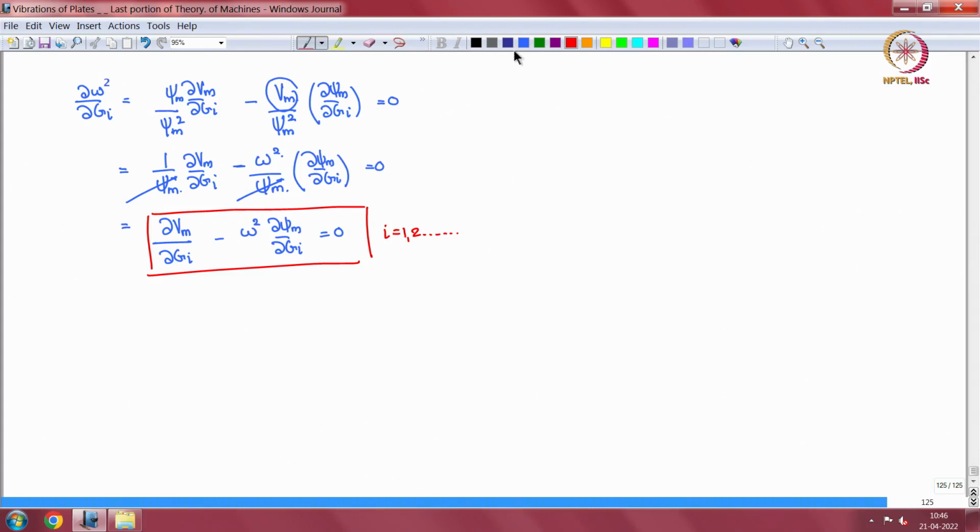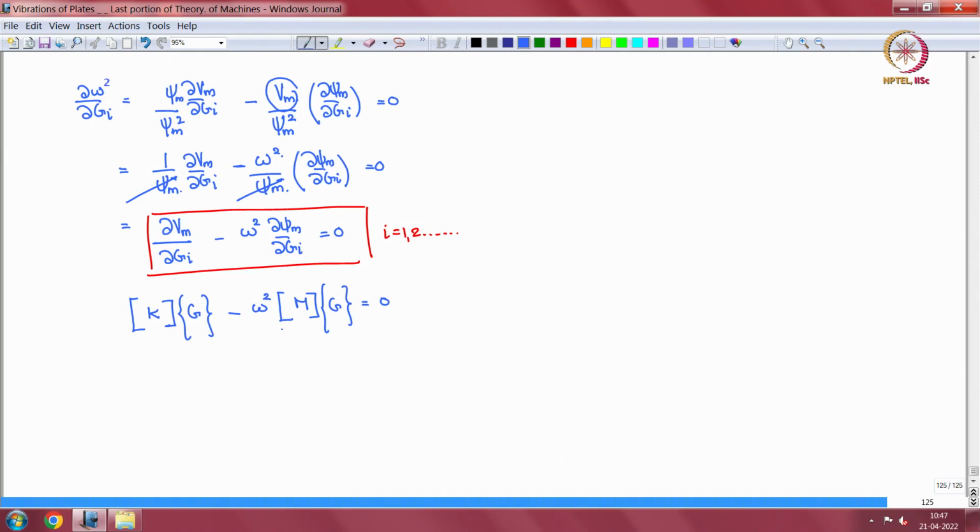So this results in a matrix set of equations or a generalized eigenvalue problem: K G, the vector, minus omega square M G, again G the vector of coefficients, is 0. So this is a generalized eigenvalue problem.